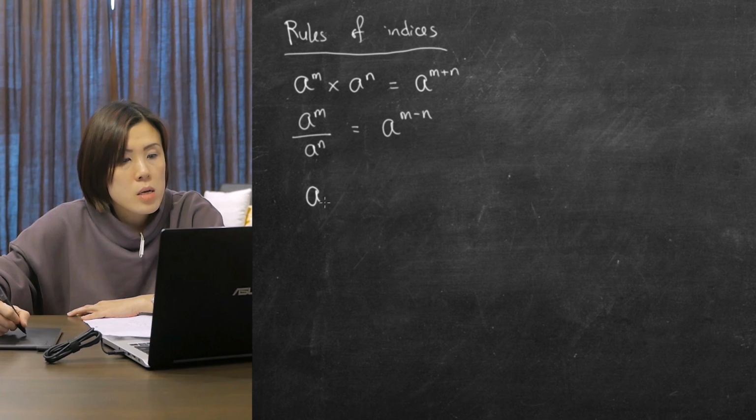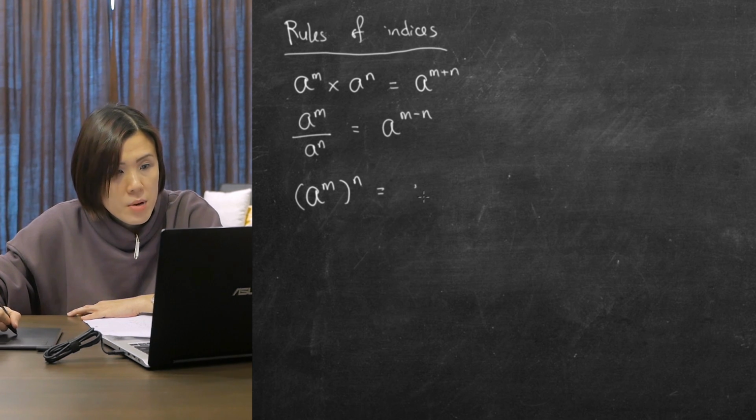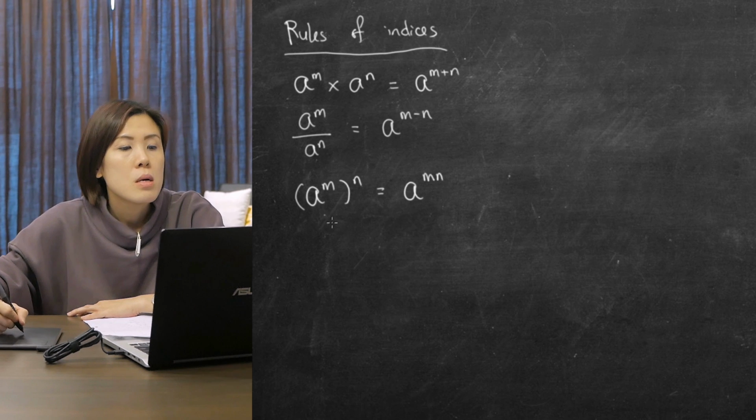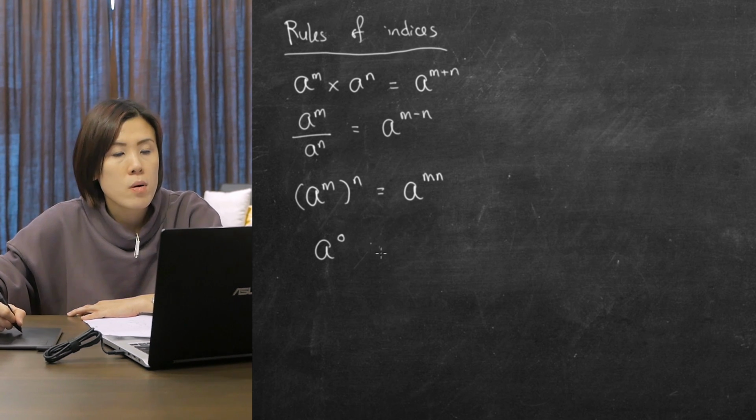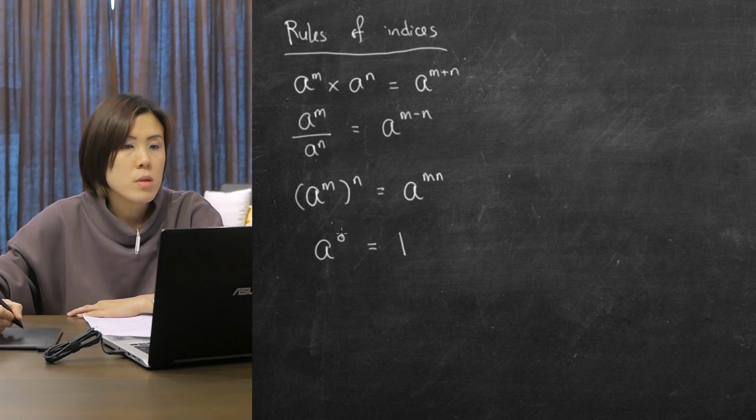And as for a to the power of m, the whole thing to the power of n, this can be simplified by finding the product of their power. And we also know that a to the power of 0 is always equal to 1, regardless of what the a value is. Anything to the power of 0 is 1.